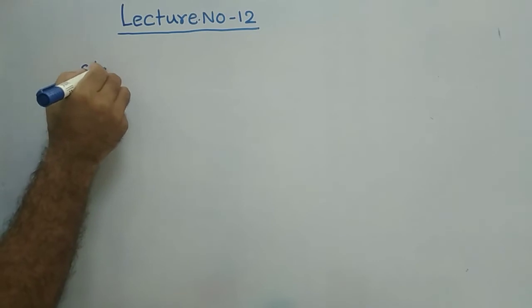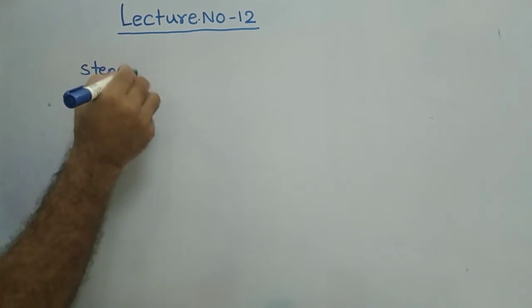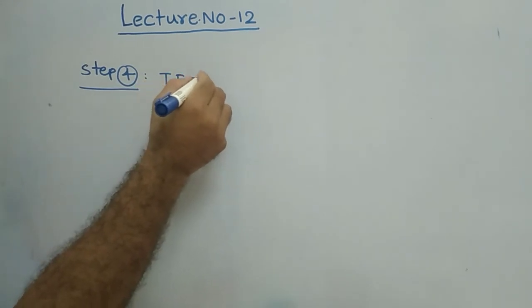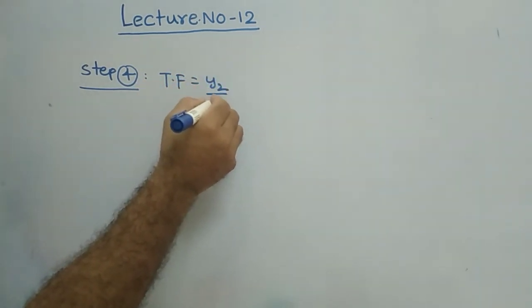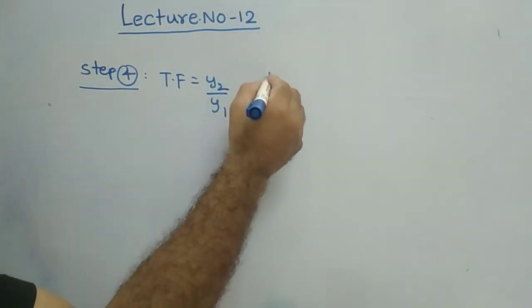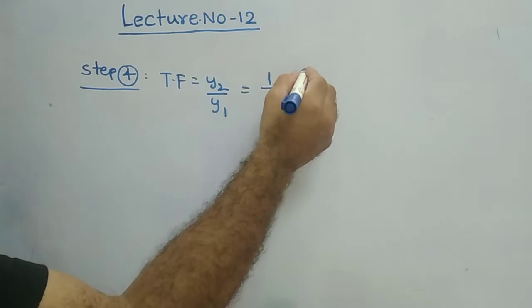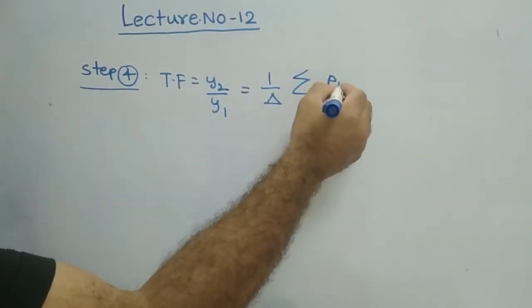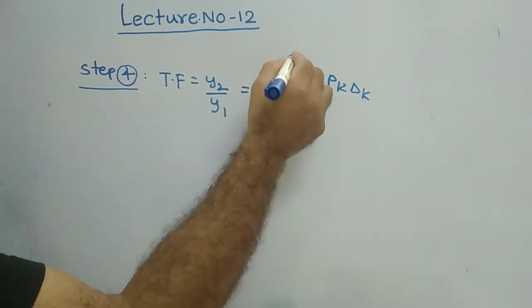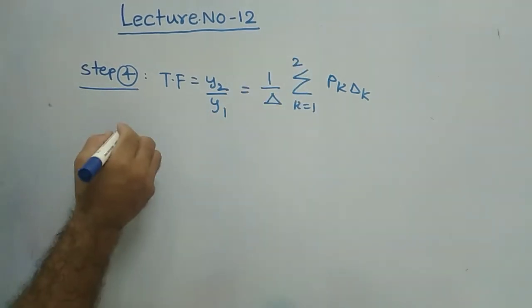So in step number 4, the transfer function for y2 by y1 is 1 by delta sigma pk delta k, where k is equal to 1 to 2 because you have two paths here.